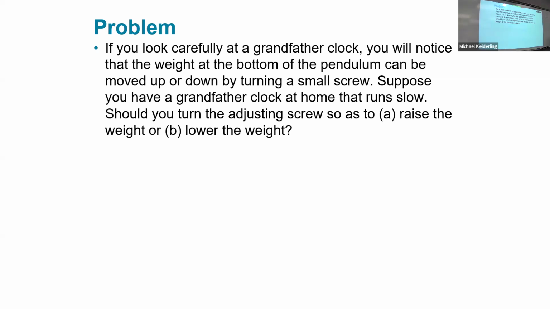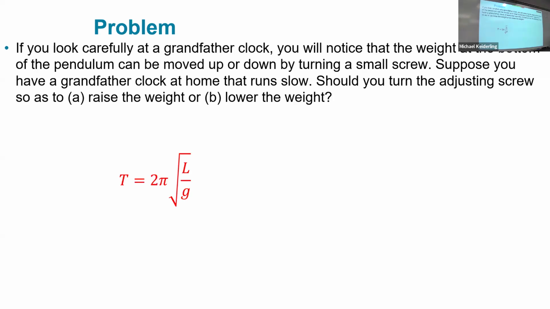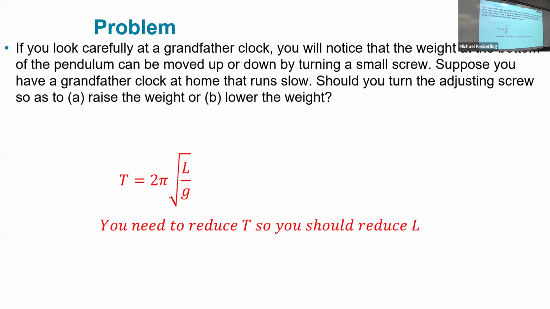So period is 2 pi square root of length over g. The only thing you can adjust is L. g is a constant, 2 pi is a constant. You want to make periods smaller, so you will make the length smaller, so you will raise the weight. You need to reduce T, so you should reduce L, so you should raise the weight.